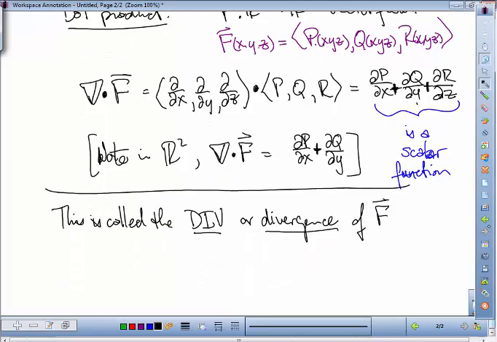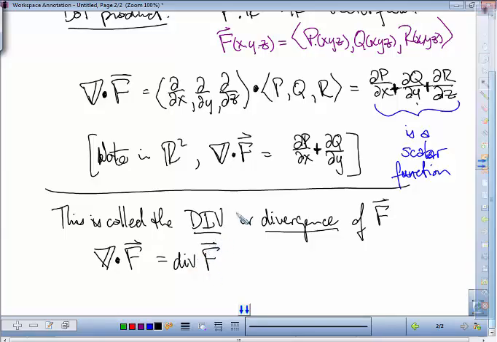Some of the possible notation that you might see, we've seen that this is really a dot product of the del operator and the vector field. Sometimes they actually write out the word div of f, and that's the partial of p.